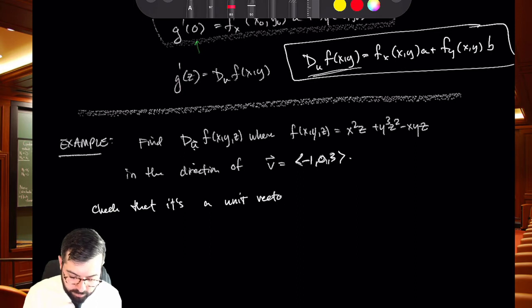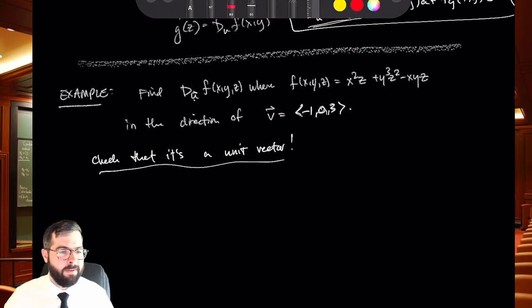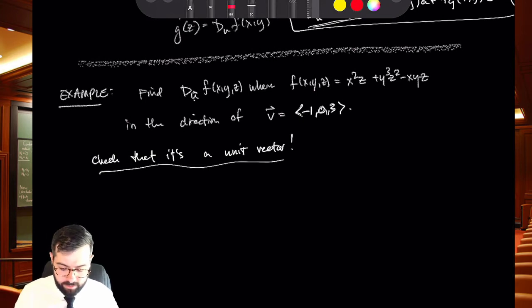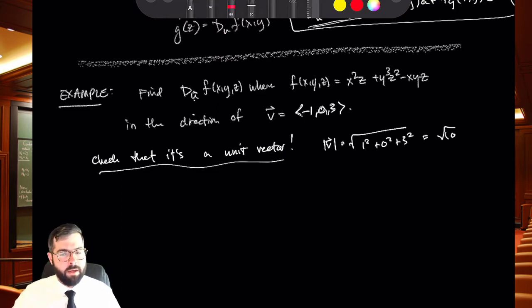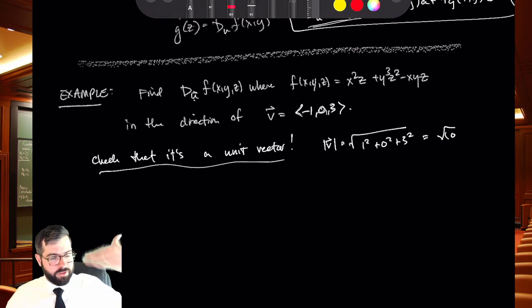Is this one a unit vector? No, you can see that, right, magnitude of v is what? 1 squared plus 0 squared plus 3 squared, which is radical 10. So then we can just scale everything down, right? Divide all the components by radical 10, then we get ourselves a unit vector.